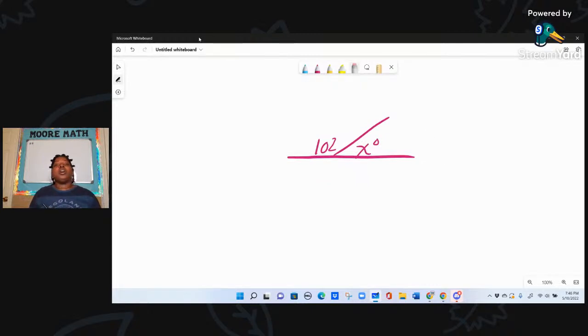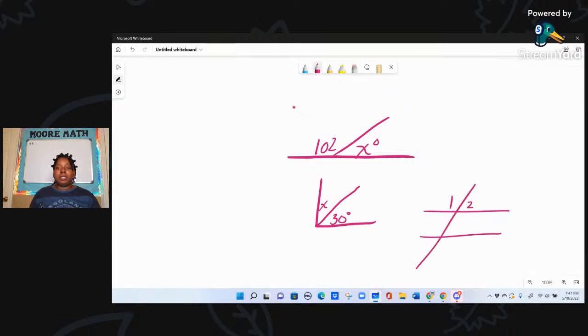We could have it like this, or like this, and that's 30 degrees. Or we could have the transversals, where it's like 1, 2, 3, 4, where one of those is X. Or it could be angles in a triangle. So there's just a lot of options with angles.